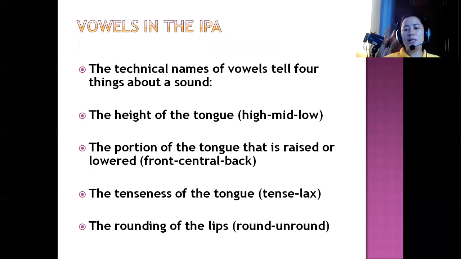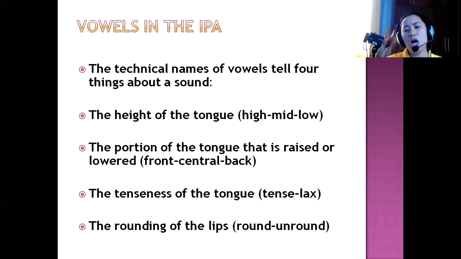The vowels in the IPA are named according to technical names. These technical names tell four things about a sound. The first is the height of the tongue. We have the high, the mid, and the low. This is upon the production of the sound.